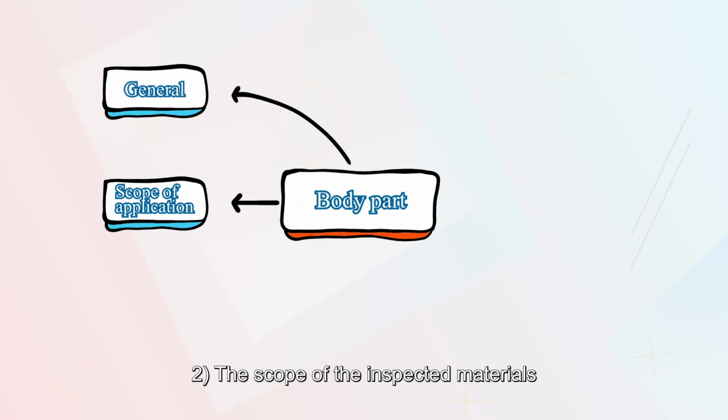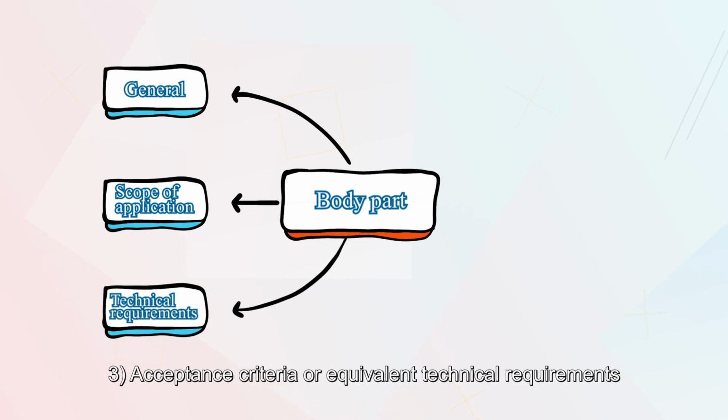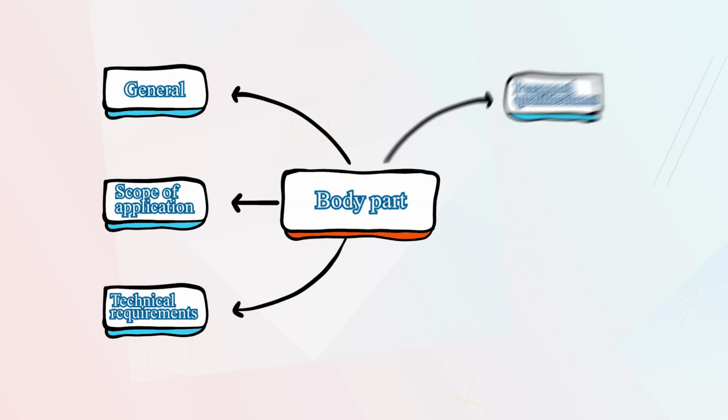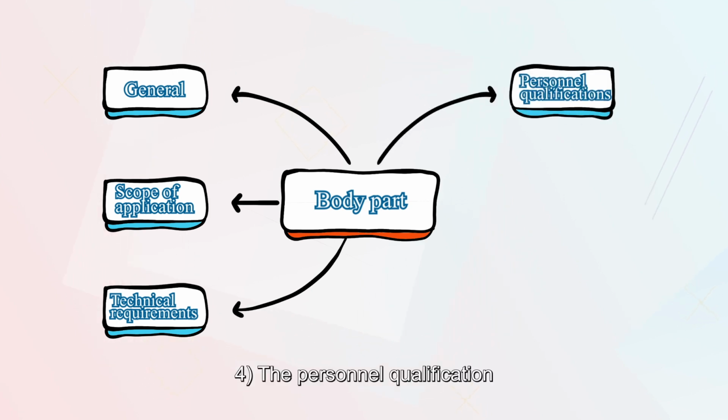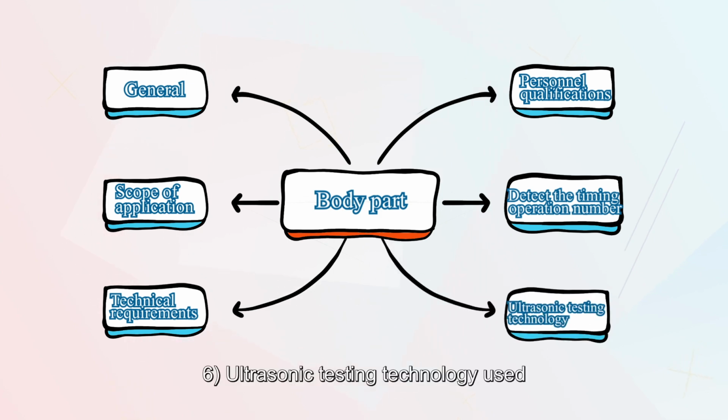The scope of the inspected materials or workpieces to which the regulations apply, which may include the name, drawing number, material, and heat treatment status, and the inspected parts. 3. Acceptance criteria or equivalent technical requirements. 4. The personnel qualification requirements of the code for practice. 5. Testing timing, process number. 6. Ultrasonic testing technology used.